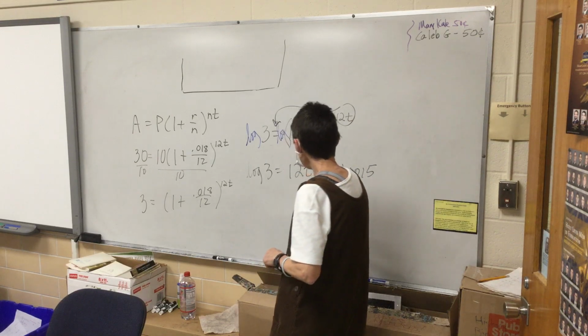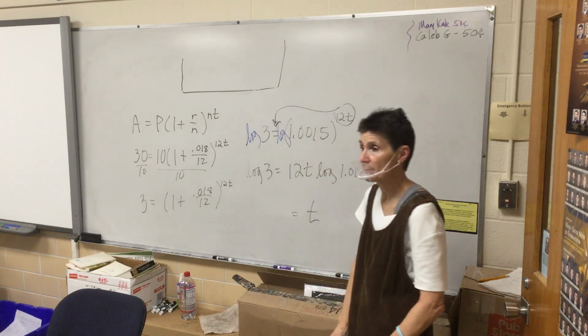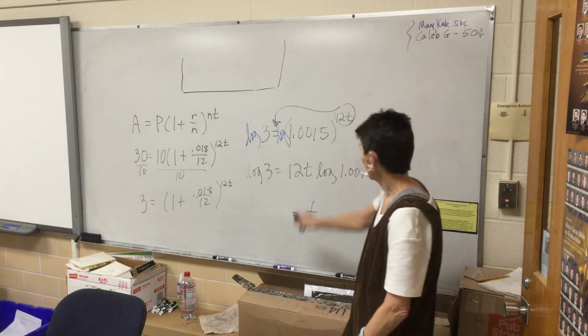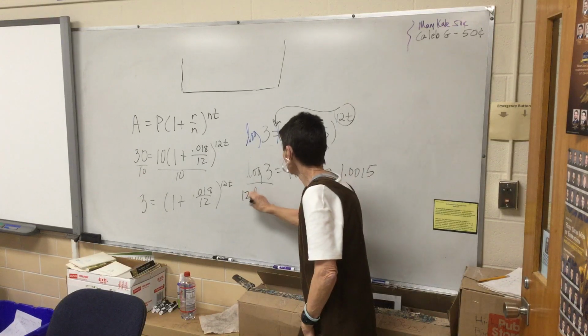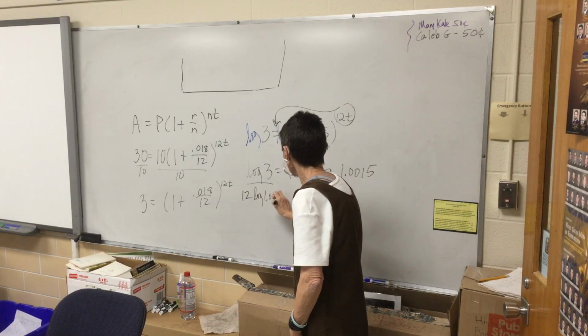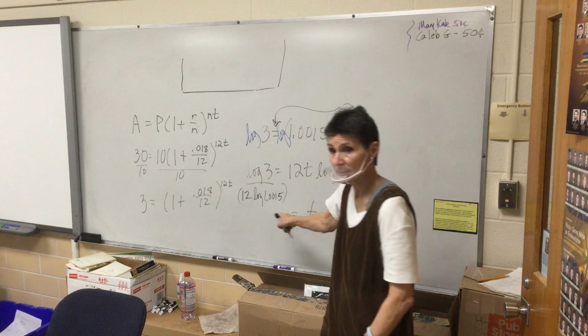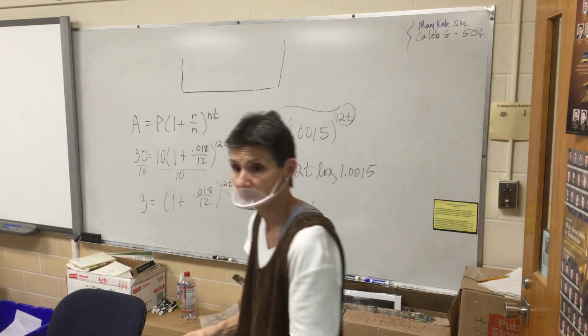Now, how am I going to get my answer? What am I going to have to do to get my answer? Divide by the 12 and by the log. And since there's two things I'm dividing by, I'm going to make sure I put them in parentheses.